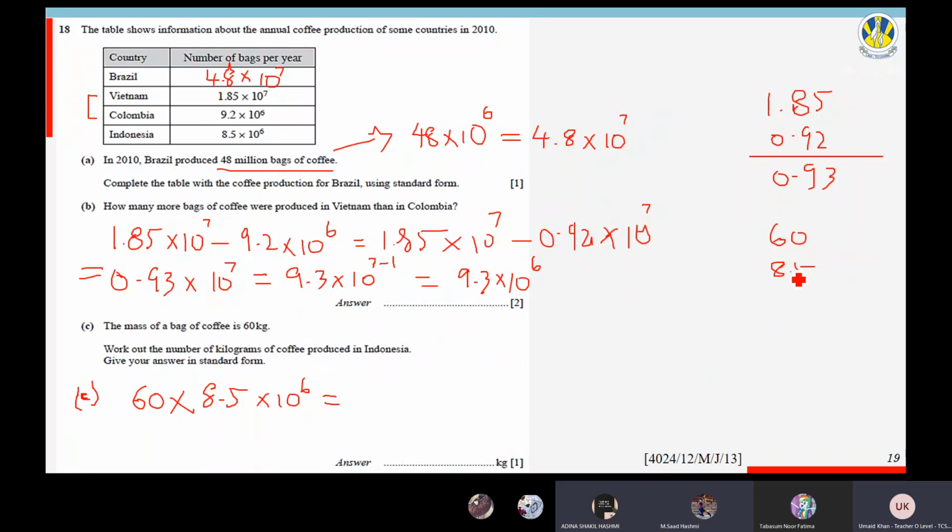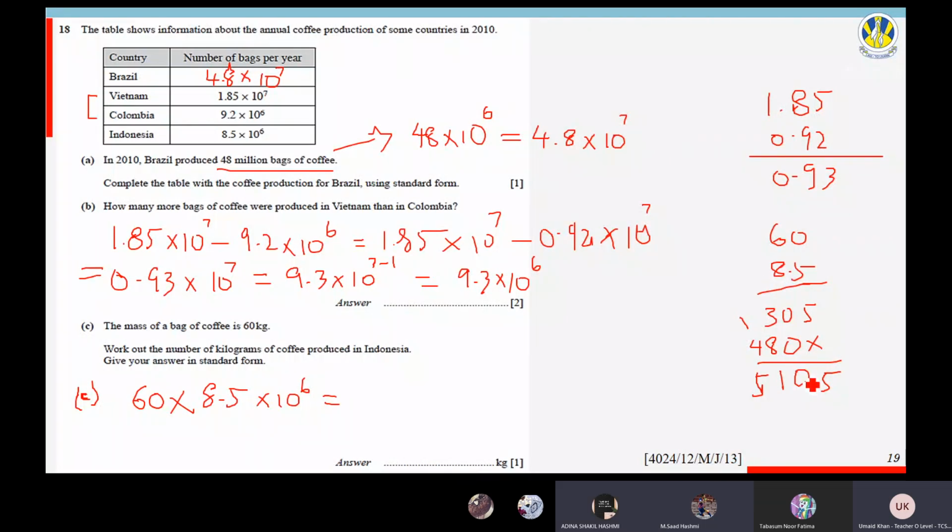Okay, so multiply it quickly. What will be the first value? It will be 5. Then 6 5s are 30. So 510. Okay, so this is the value that you get. 5105 will be the answer, and the decimal will be placed at exactly the same place where the decimal is in 8.5.